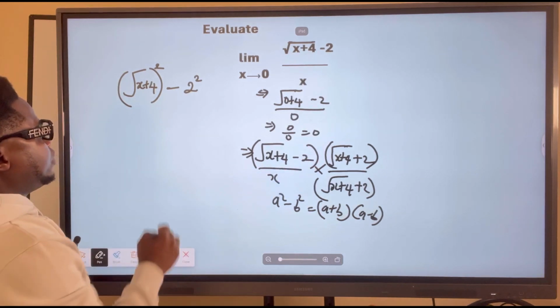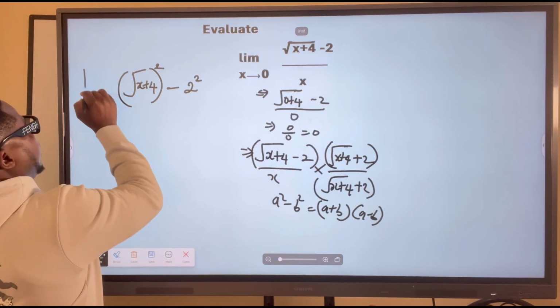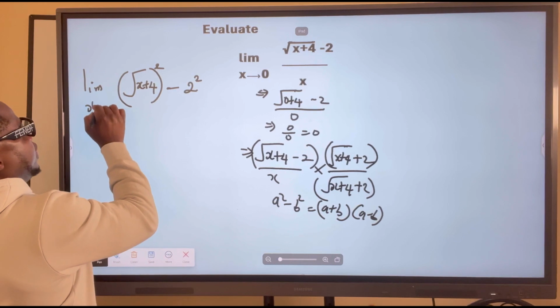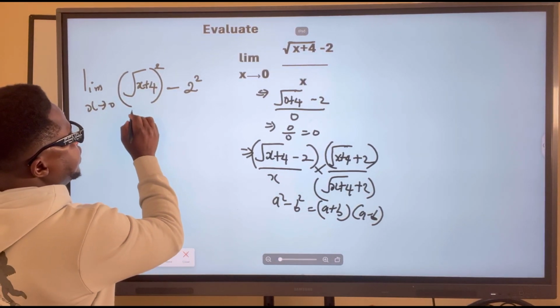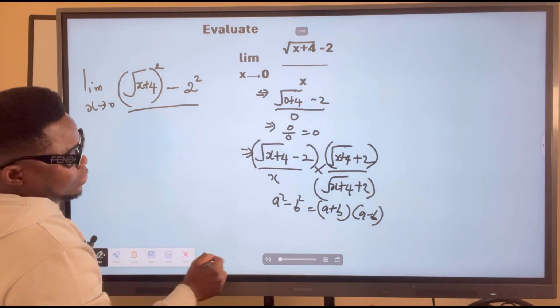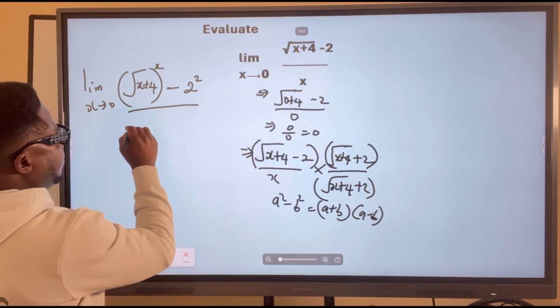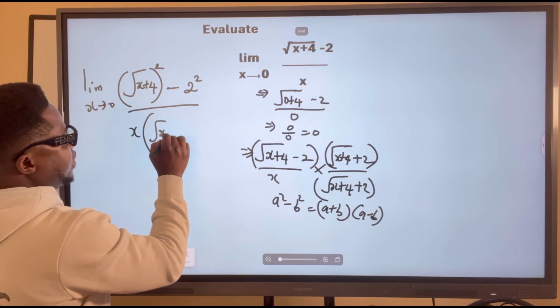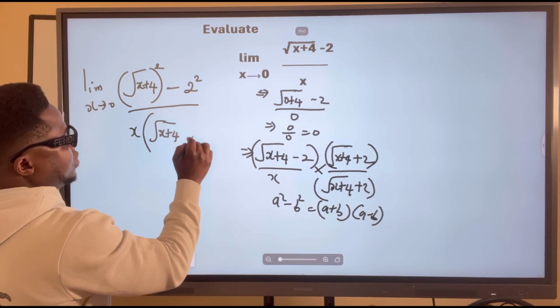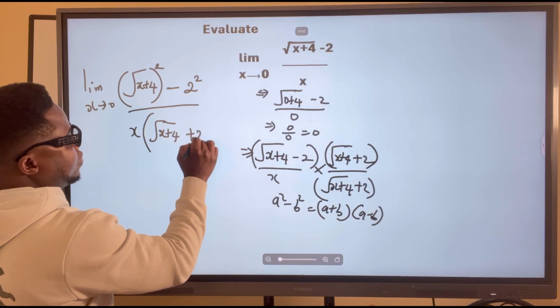Now divided by, remember the limit as x tends to 0, I'm going to multiply this by this. I'll write x, I'll put brackets, square root of x plus 4, then plus 2.